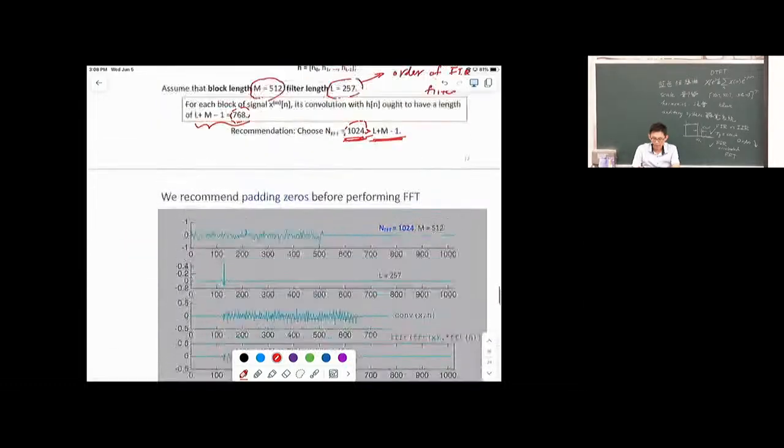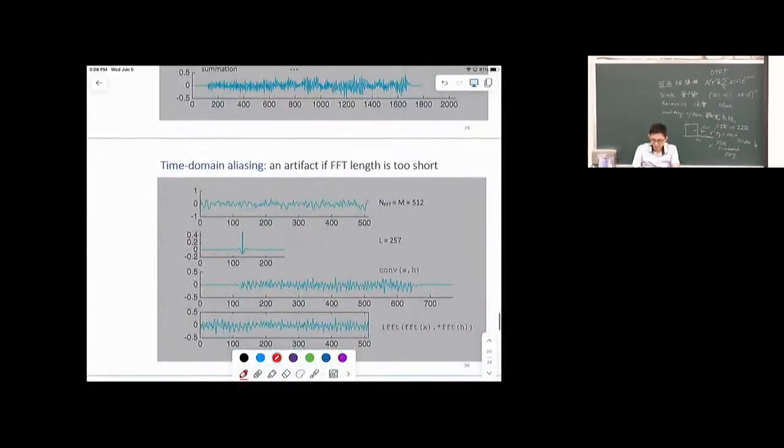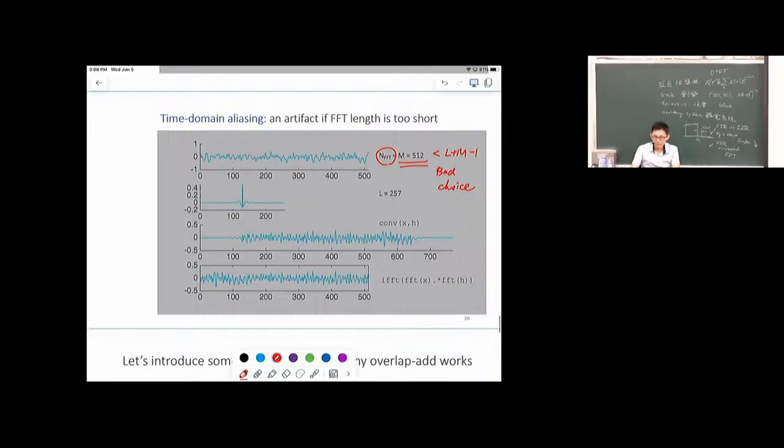Now, time domain aliasing. This is a bad example. If we choose the length of FFT to be simply m, which is smaller than L plus m minus 1, that's a bad choice. Why is it bad?